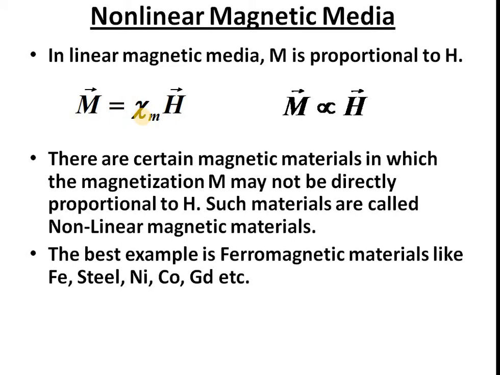Examples of ferromagnetic material are shown here: iron, steel, nickel, cobalt, gadolinium, and the other one is dysprosium. These are all elements in the periodic table with a very large number of applications. Iron and nickel, you know very well. Cobalt also, you know. Gadolinium, you may not be so familiar, but it is used in high-end research applications in cryogenic technology.